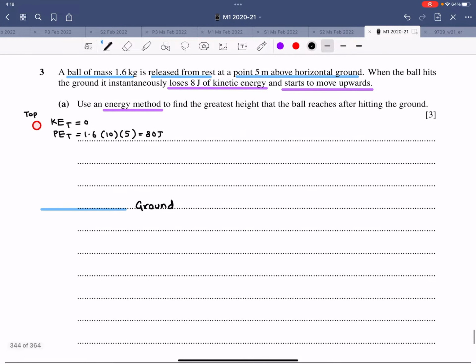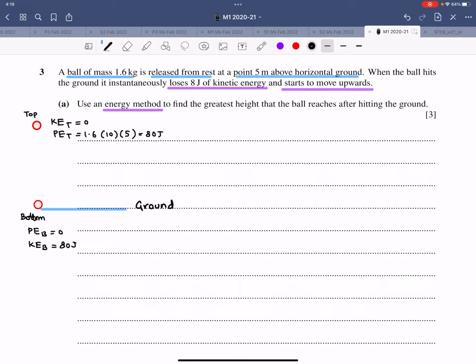When it's going to hit the bottom, what's happening? At the bottom, the potential energy is 0. The kinetic energy at the bottom is going to be 80 joules.